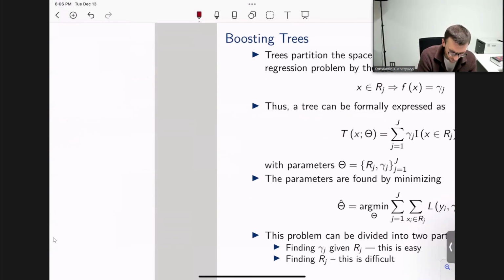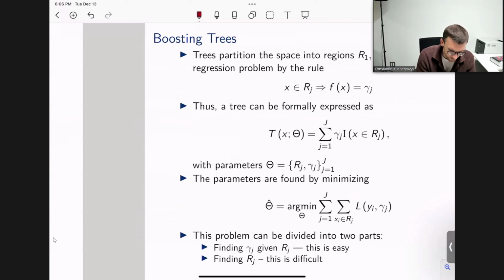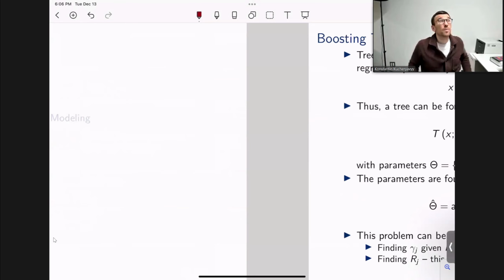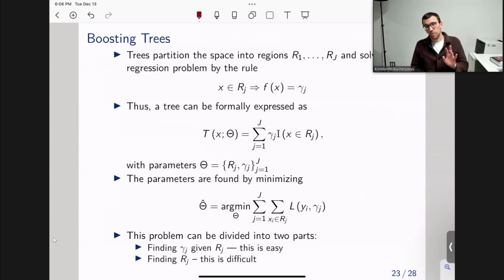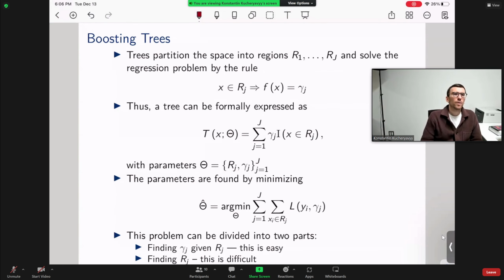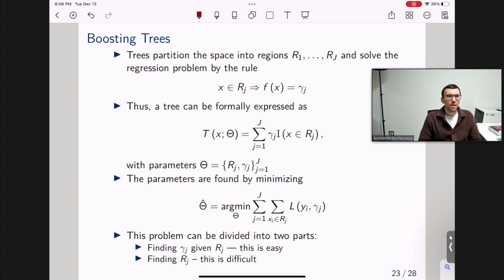Okay, so let's talk about gradient boosting and boosting trees. Before I discuss it, one remark: gradient boosting is also general in the sense that it doesn't have to use trees, the same way as stage-wise modeling or AdaBoost don't have to use trees, but generally they use trees, because trees are the most simple way of doing it.